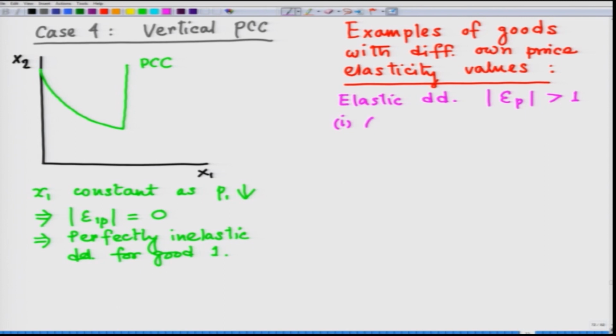It can be a fruit like apple, then there can be another example like these costly cars, another example could be international air trips.